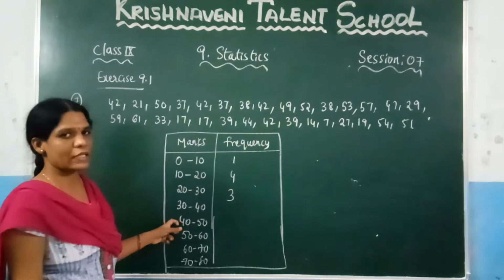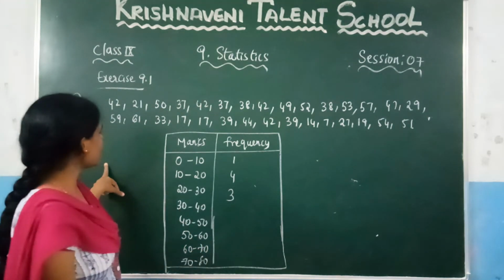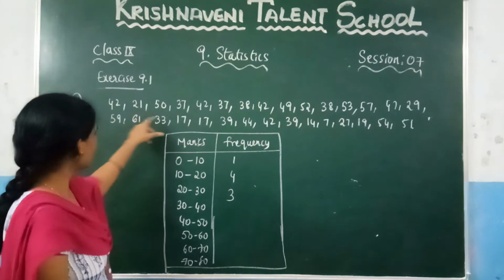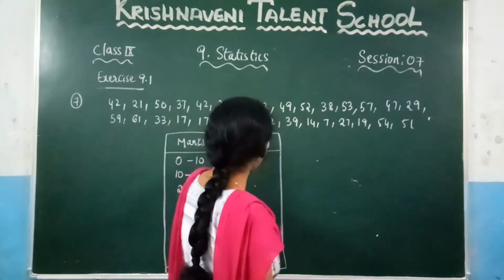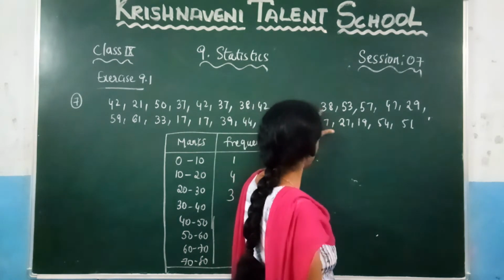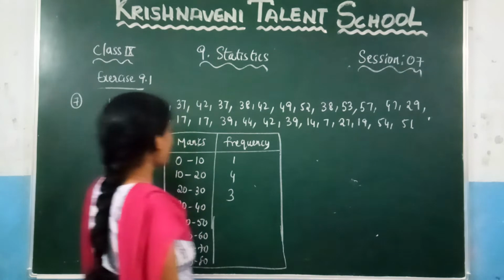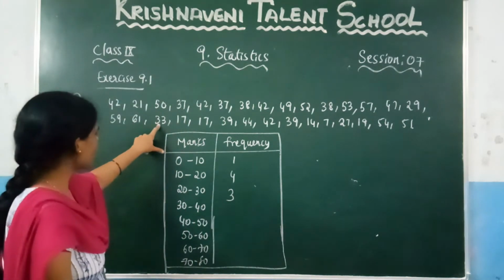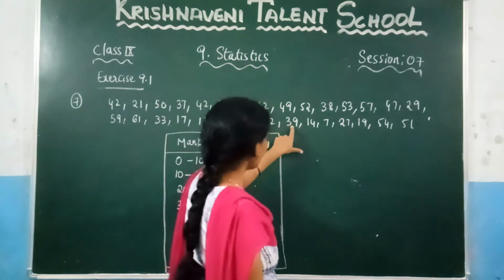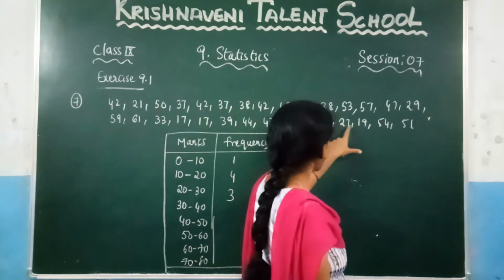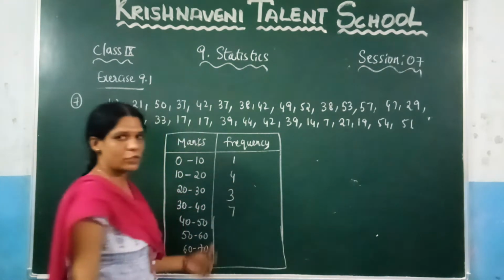Now let us see here in between 30 to 40. How many students are there? So let us see here in 30 to 40. 1, 2, 3, 6, 7. 7 students are there who got in between 30 to 40.